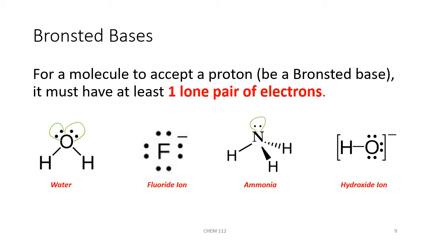Ammonia, we just saw, has 1 lone pair on the nitrogen. Hydroxide has many lone pairs around it as well. The number of lone pairs doesn't indicate how many protons it will accept. Usually each of these species will just accept 1 proton, but they all have at least 1 lone pair of electrons that are available to take a hydrogen from an acid.